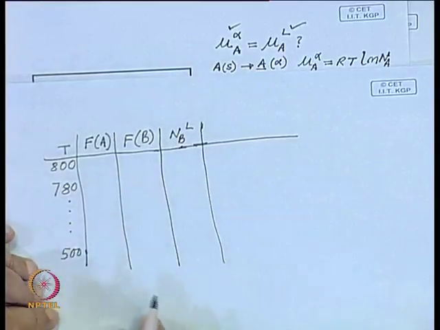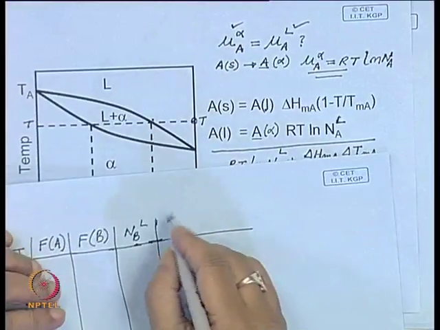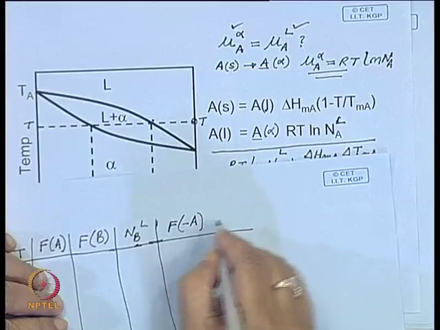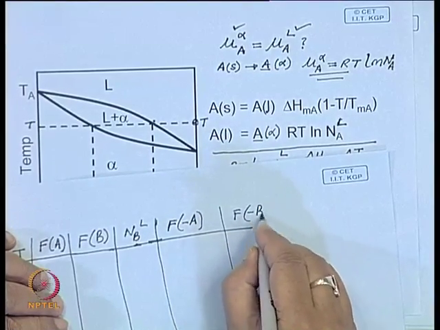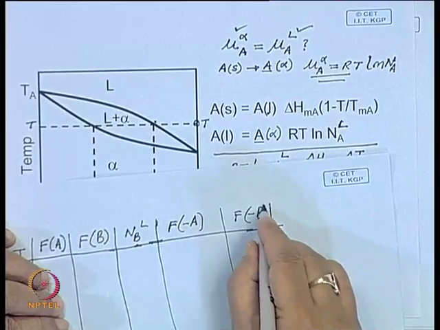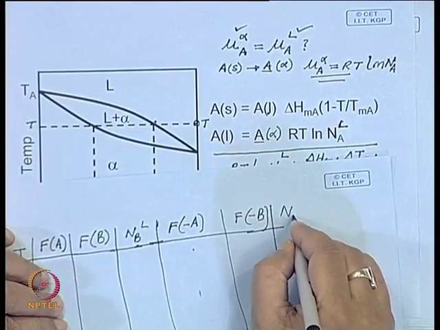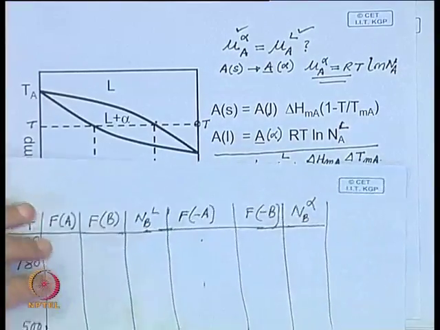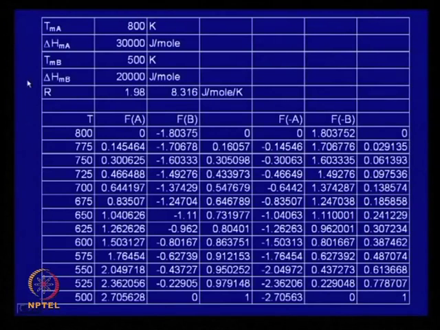And you will see that the same entire thing, if you just invert it, take a reciprocal, and then you can get N B alpha, and this is what is shown here in the spreadsheet.